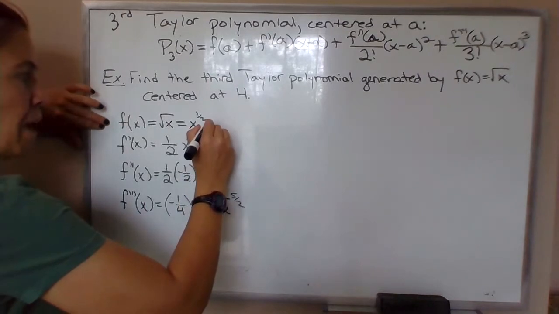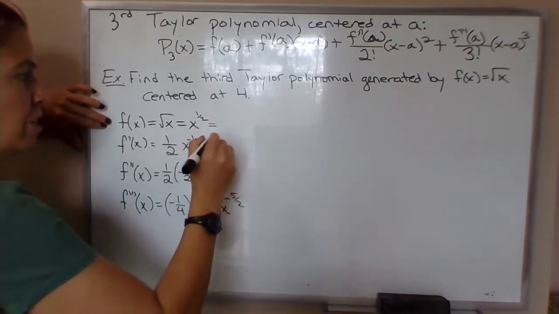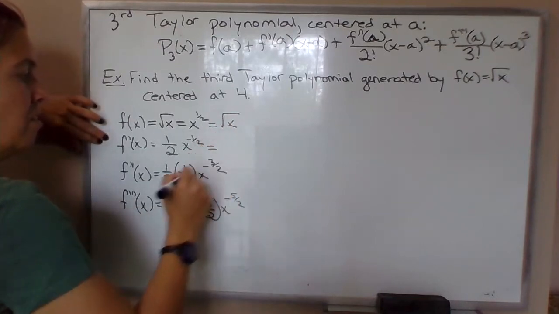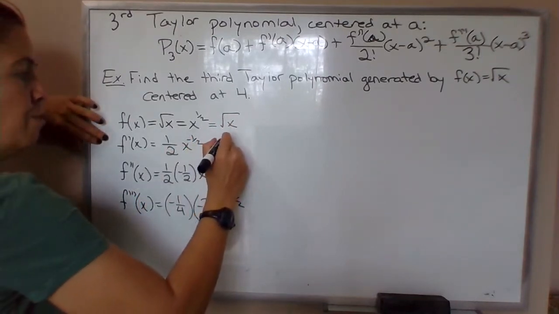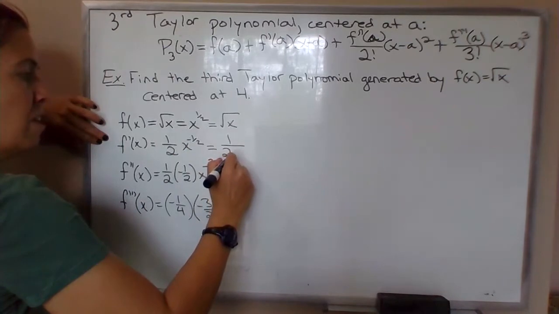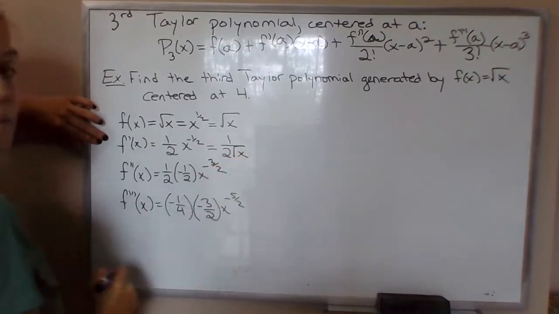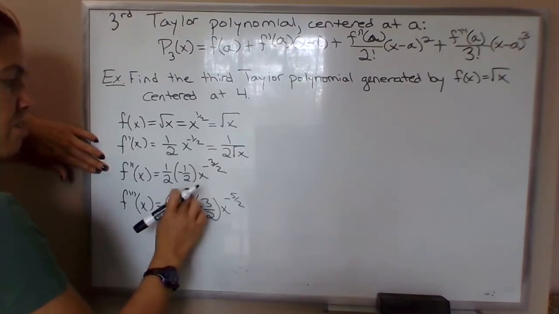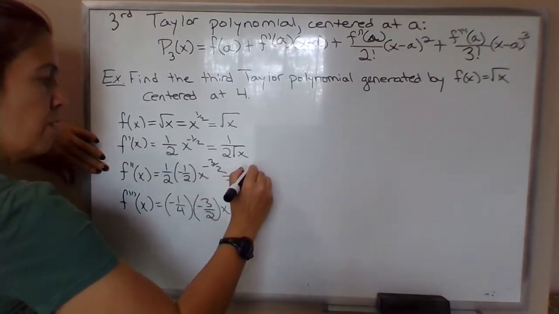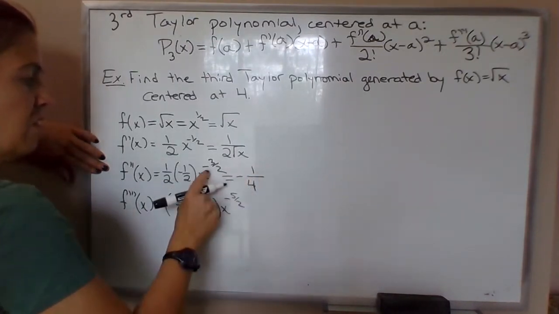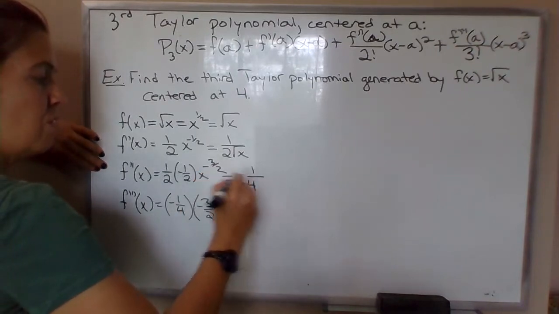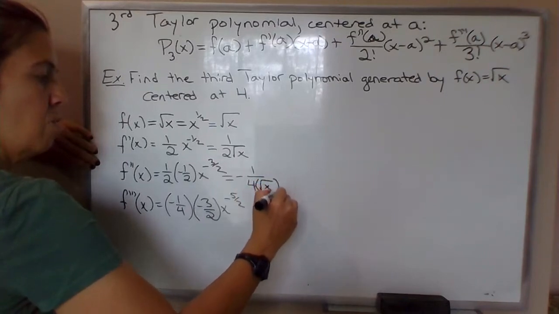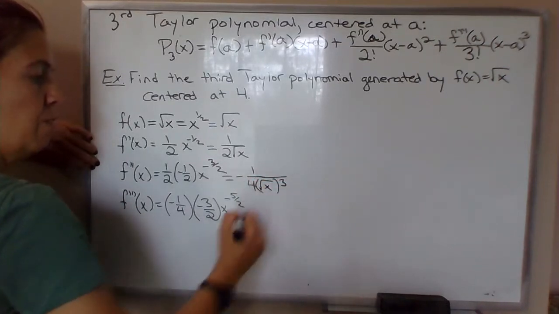So I'm going to change this back to the square root notation. So this is the square root of x. This, so x to the negative 1/2, means that it's the square root of x in the denominator. Now this one here, the product here is negative 1/4. X to the negative 3/2, so that's 3/2 in the denominator, which is the square root of x raised to the third power.